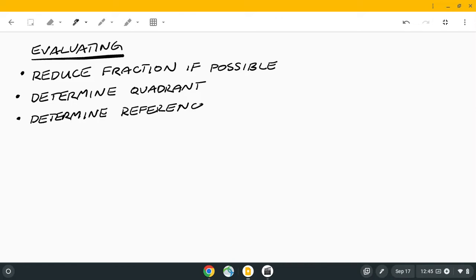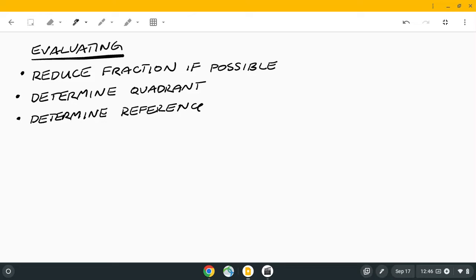When we first talked about reference angles, we looked at how, even though this is not an acute angle, like let's say 150 degrees, and that's not one of our basic angles, 30, 45, 60, it turned out that some of these non-acute angles had a reference angle that was either 30, 45, or 60.